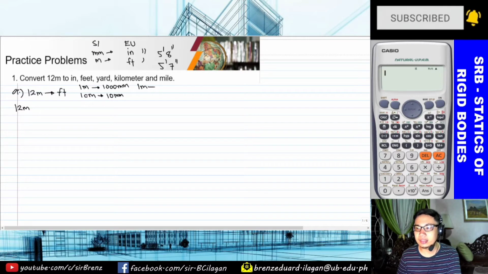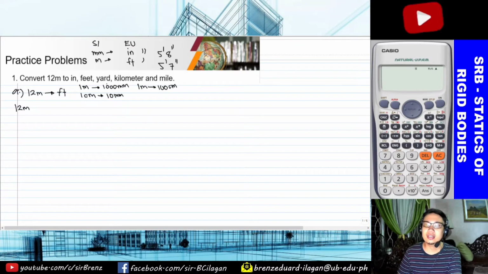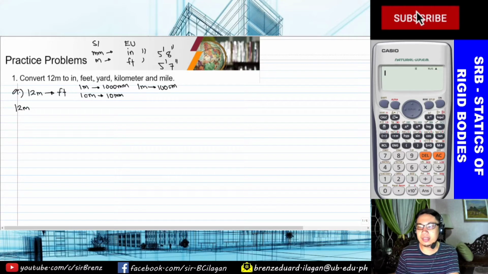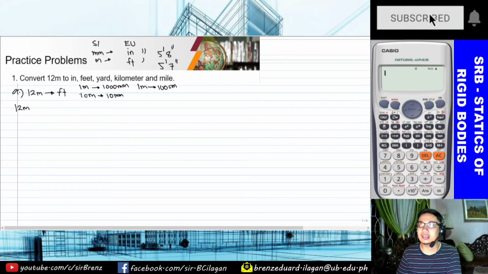And in 1 meter, there is an equivalent of 100 cm. So just these three. And like the abbreviations we used earlier, you have centi, milli, so the concept is similar.